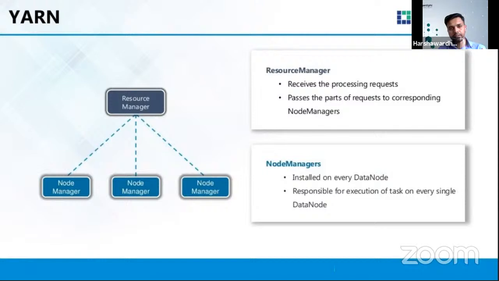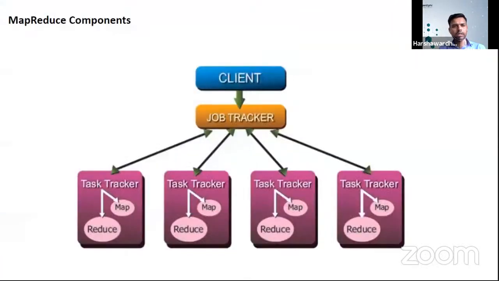YARN is Yet Another Resource Negotiator, a resource manager. That means it does some administrative kind of work. As of now, just consider that it is another important component which keeps track of all the resources and makes sure to schedule the jobs and everything. That administrative work will be handled by YARN.